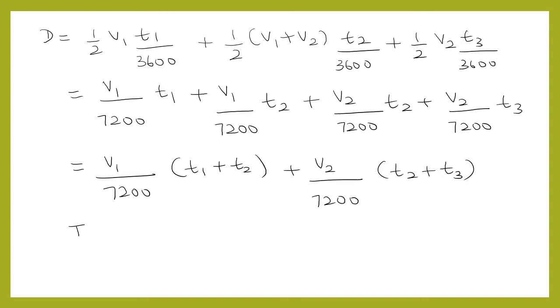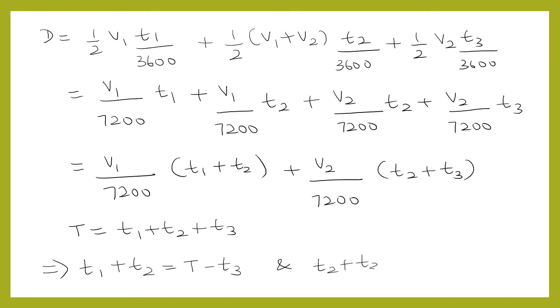We know that the actual time of run T is T1 plus T2 plus T3. Therefore, T1 plus T2 is equal to T minus T3, and T2 plus T3 is equal to T minus T1.